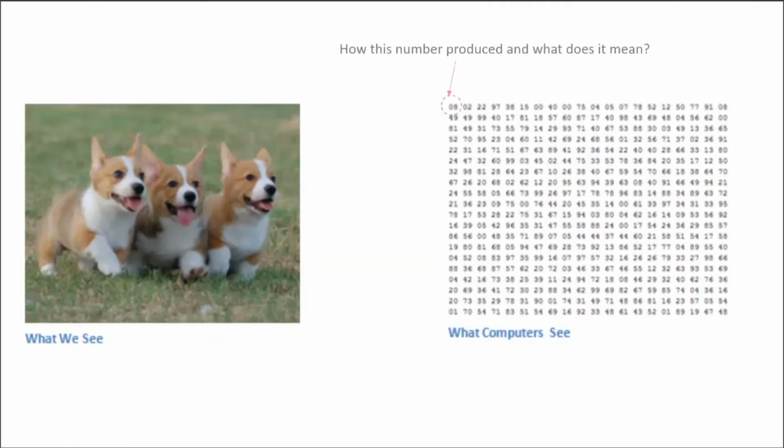So the important question we need to ask and learn about is how these numbers are produced and what they mean. By knowing this, the architecture of digital images will be easy to construct a retrieval system. All right, let's move next.